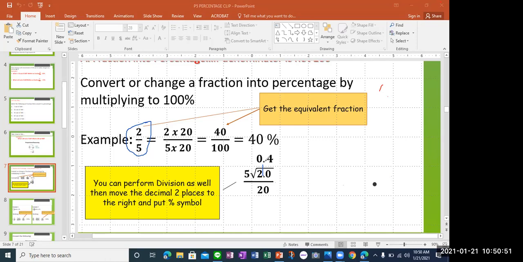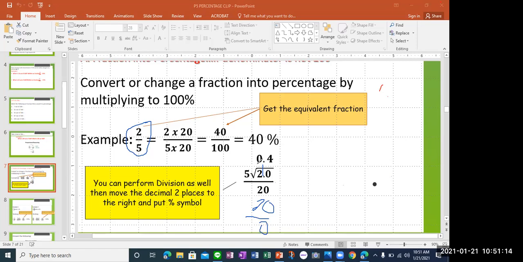Now you have 20 divided by 5, so you divide as normal. How much do you get? You get 4. 4 times 5 is equivalent to 20, and you get 0. So your answer is 0.40.